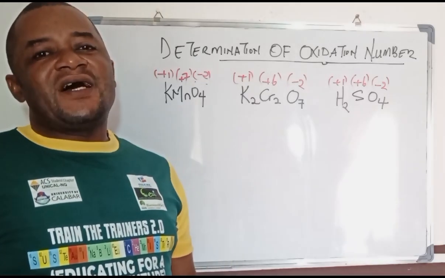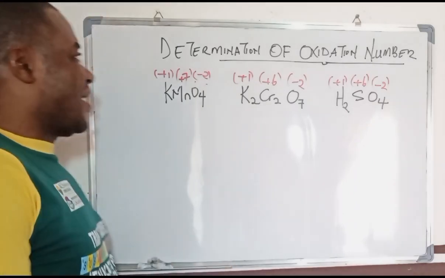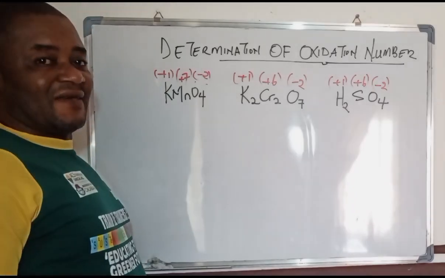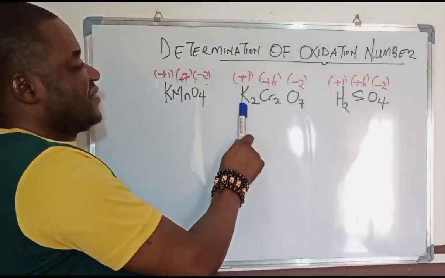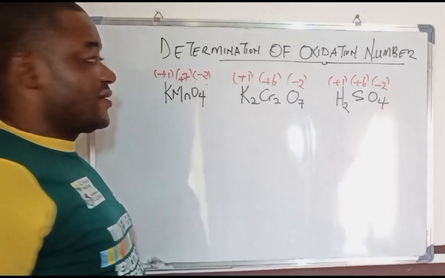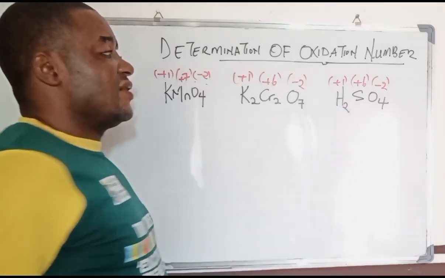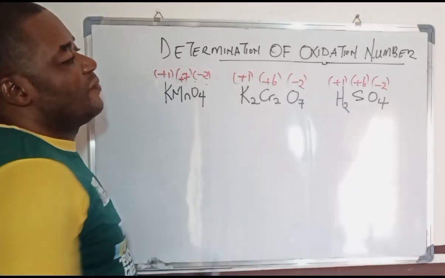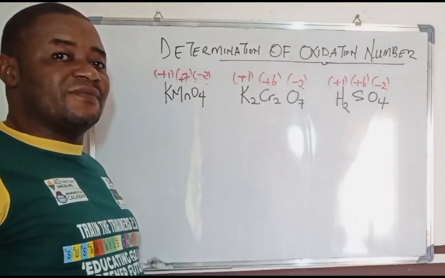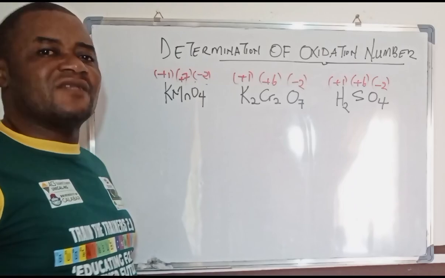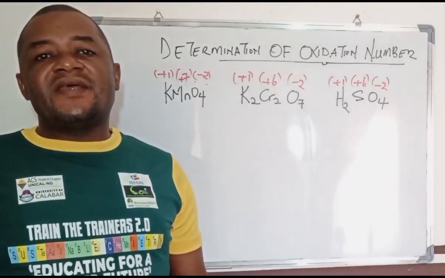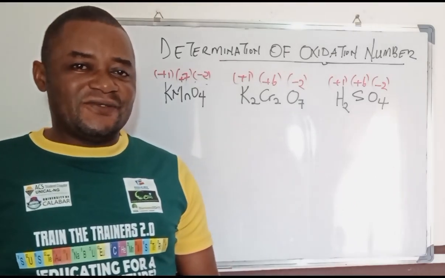All right, so if you have a compound, for example, like what we have here, potassium tetraoxomanganate 7, potassium heptaoxodichromate 6, or hydrogen tetraoxosulfate 6, all these compounds have oxidation numbers. They have a number that's assigned to the various atoms in the substance, and that number is important because these compounds are named with respect to their oxidation numbers.